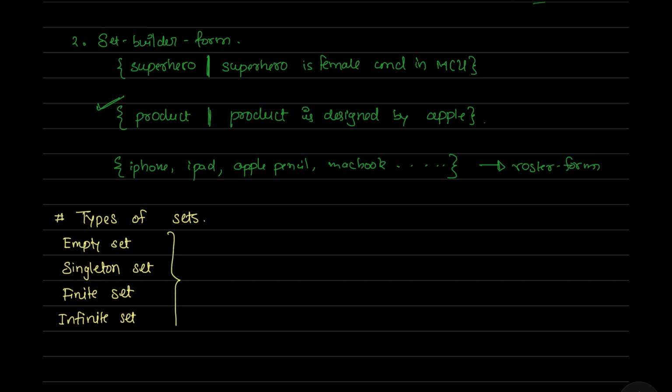So this is basically distinguishing between sets depending upon the number of elements in it.